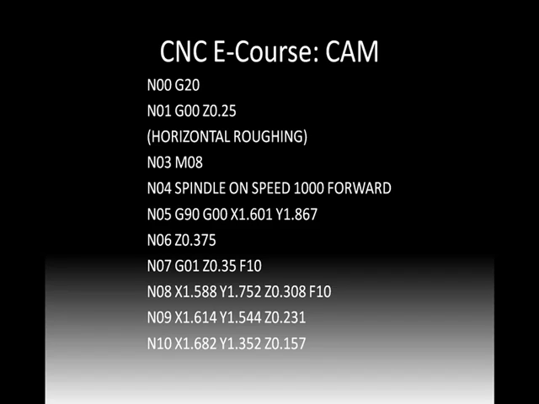So it's telling it very specific things. The next line, N05, it's moving in the XY direction to that location, and then it moves up in Z, and then it goes in at a certain feed rate. So each of these lines of code are telling your CNC machine to move in a very particular way.